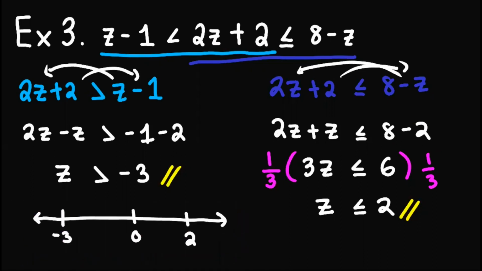If we plot this one, z is greater than negative 3, then it will be this one. Apologies for the ugly line out here, but that is how we do it. And note that negative 3 is not included since we have a strict inequality out here.